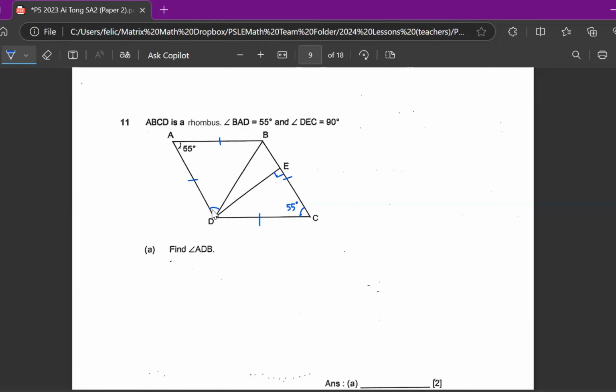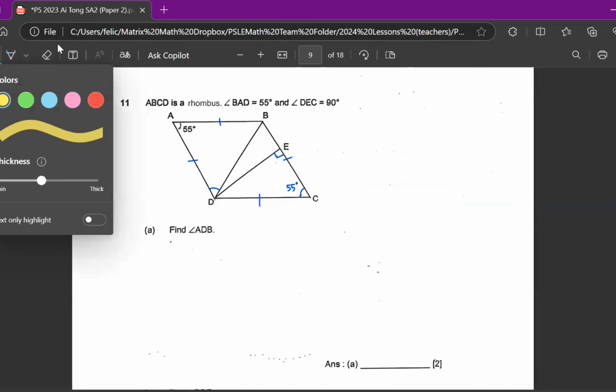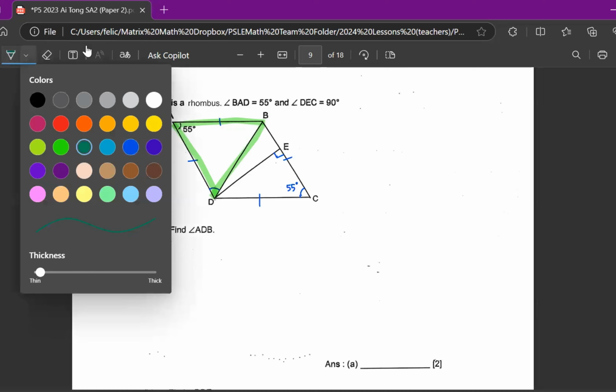Let's draw the angle out. In this case, the best is to work with the isosceles triangle, triangle ABD. Using the isosceles triangle would be very, very helpful.